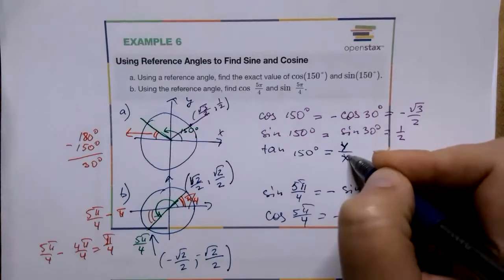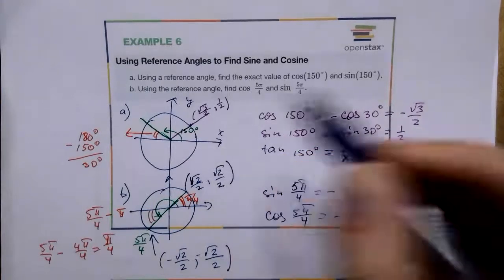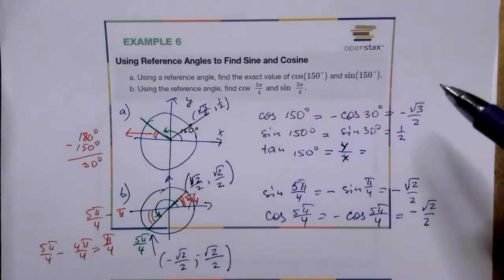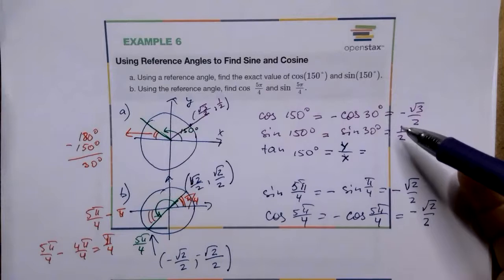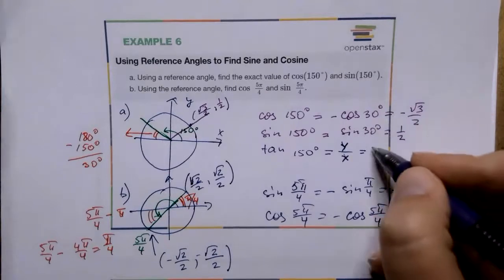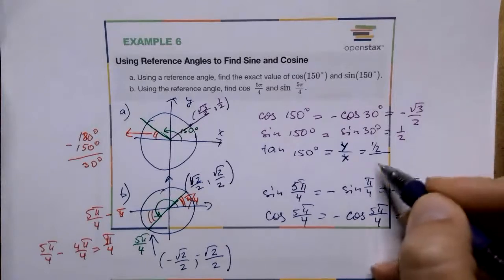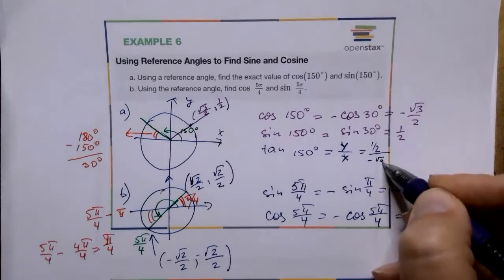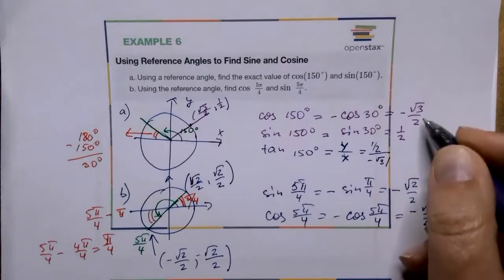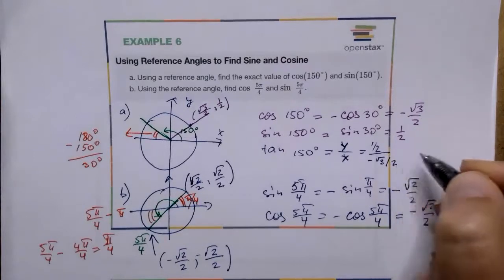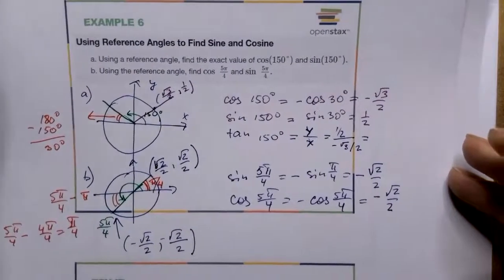Y over x. Well, we know that on the unit circle, sine is same as y. So we have 1/2 divided by, and the cosine is the same as x, so negative square root of 3 over 2. Now we have a fraction divided by fraction.